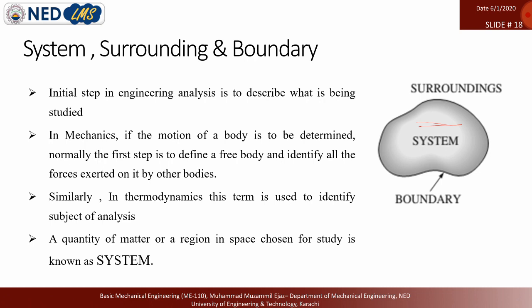A system is anything which is under consideration, whether it is bounded by an arbitrary or real boundary. It can be an arbitrary boundary or a real one. So anything under consideration is the system, the thing which bounds the system is called the boundary, and anything which is outside of the system is the surroundings.